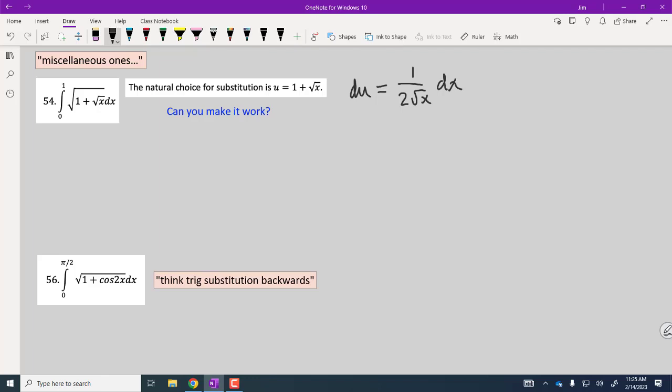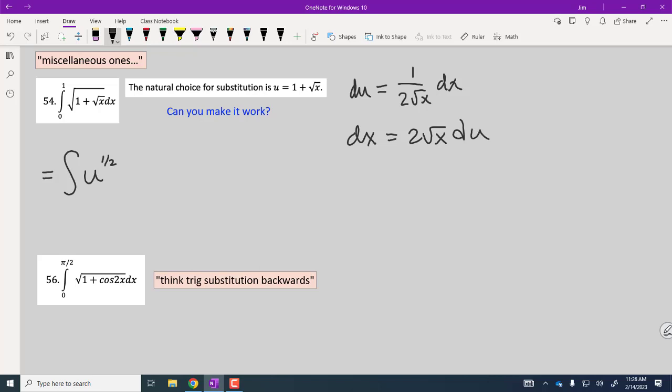So over here we end up with, we're letting u be this whole thing in here, so that's going to be u to the 1/2. But then dx is du times, if we isolate the dx, we're going to have 2 root x times du.